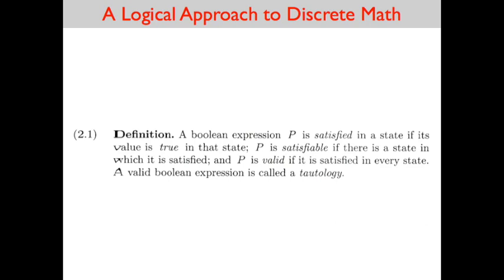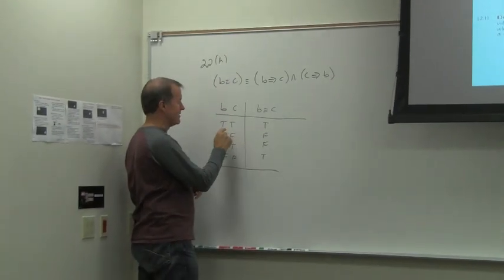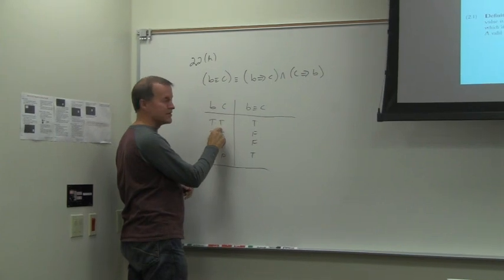Okay, but anyway, a Boolean expression P is satisfied in a state if its value is true in that state. This is the definition of satisfied. P is satisfied in a state if its value is true in that state. For example, B equals C is satisfied in the state B true, C true.